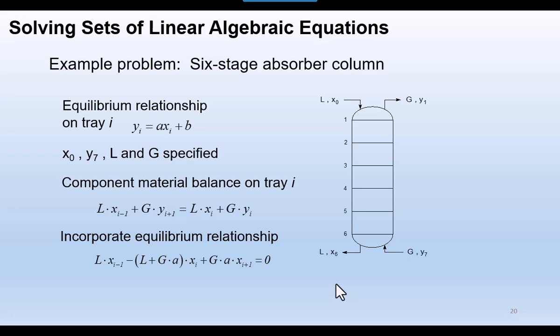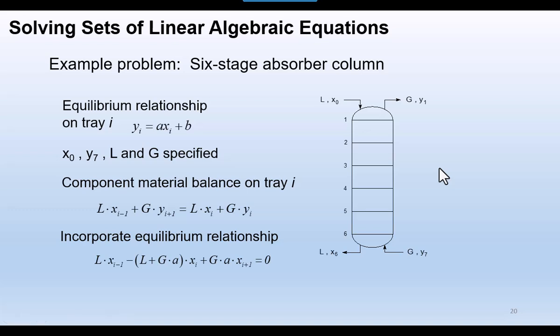Here we're describing it simply as a linear relationship between x and y on any of these trays: yi equals a xi plus b. The operating conditions that we have to specify are the x0 and L and the y7 and G, and we want to compute the compositions on all the trays and the exit compositions, all right?